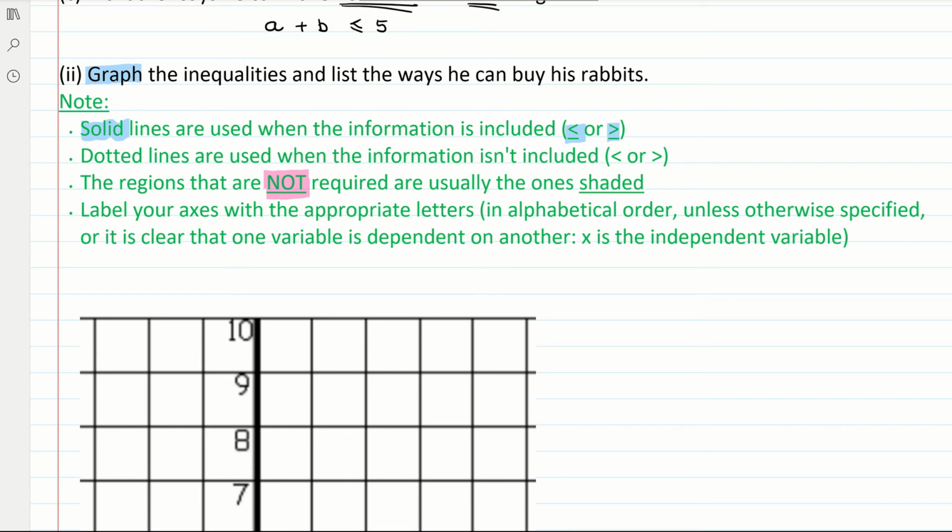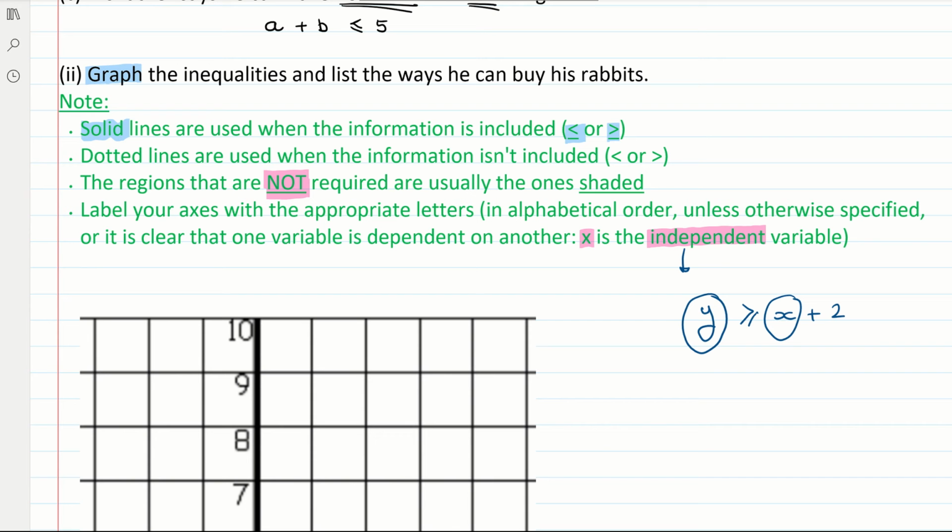X is independent, so the independent variable is x, the dependent variable is y. Why is it dependent? If I say y is bigger than x plus 2, the value of y depends on what I put in x. So that's why the dependent variable is always on the y-axis.